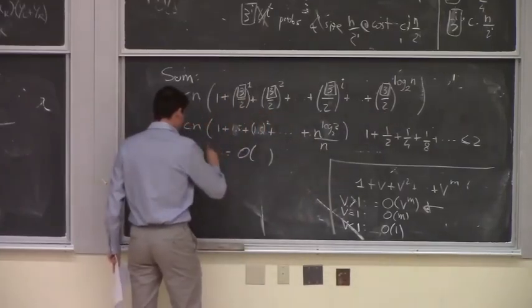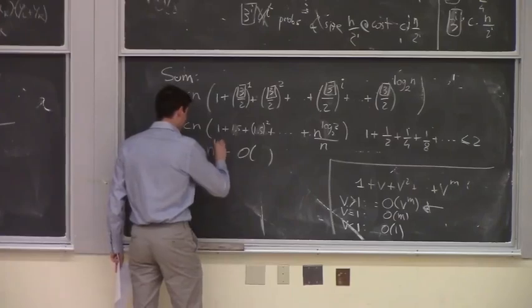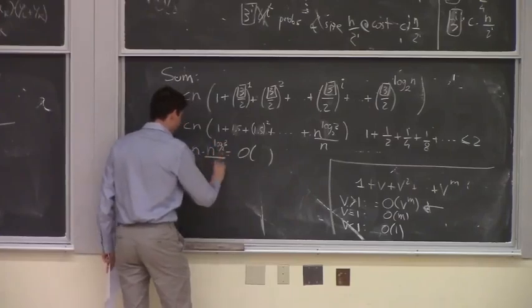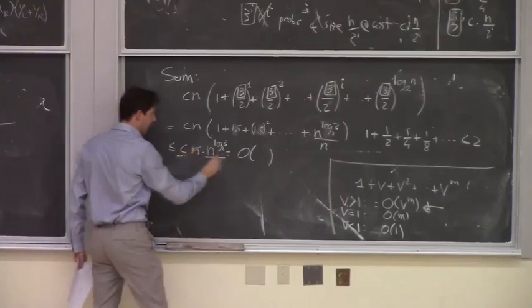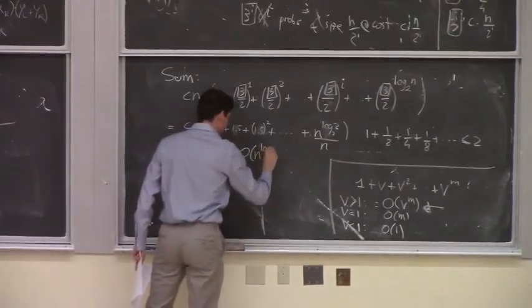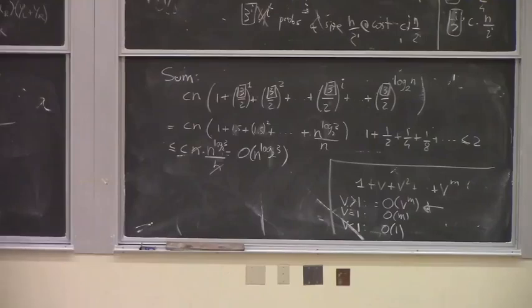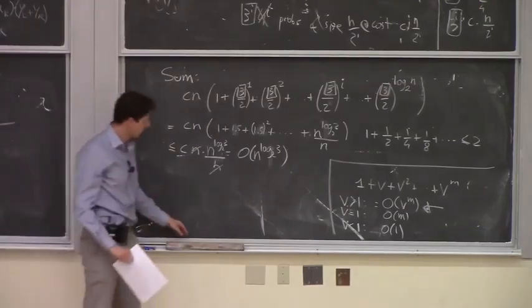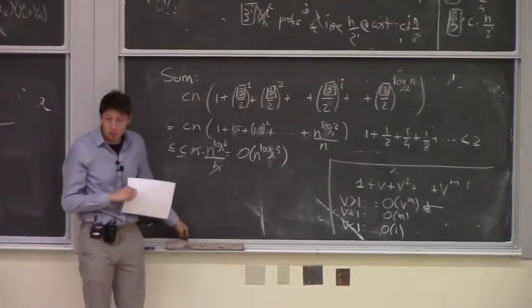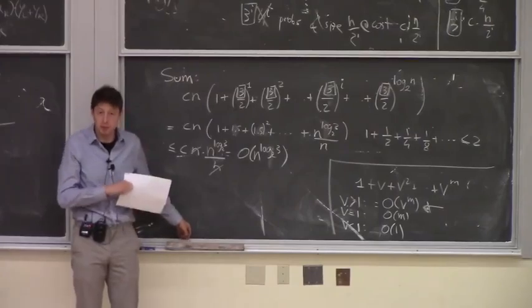So the last term is n to the log 2 of 3 divided by n. The n cancels. We get order of n to the log 2 of 3, which is what was claimed over there. So now you have a justification that that particular recursion results in this particular running time. All right, we're about to look at the general case. Are there questions about this specific case?